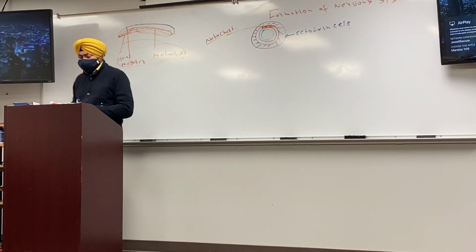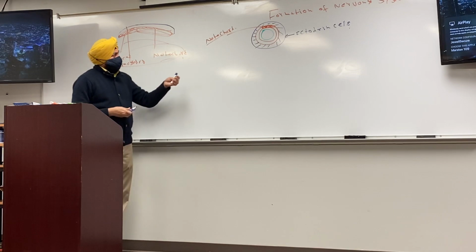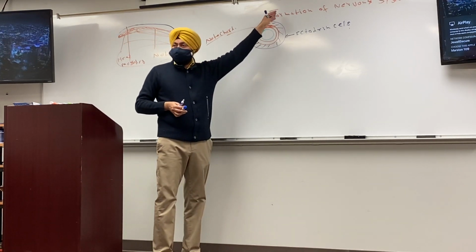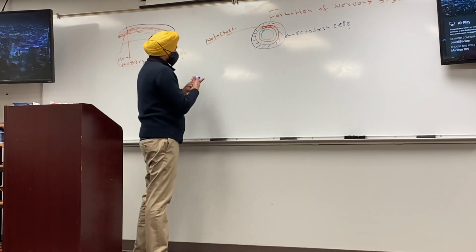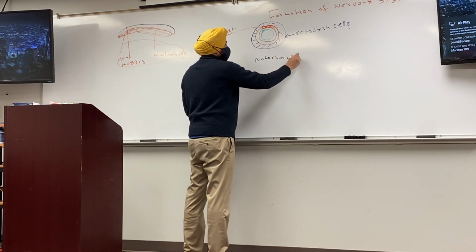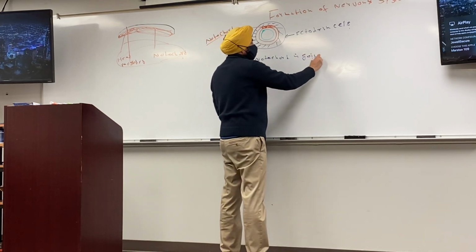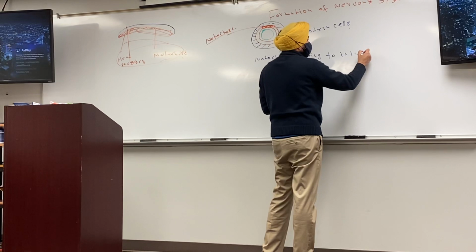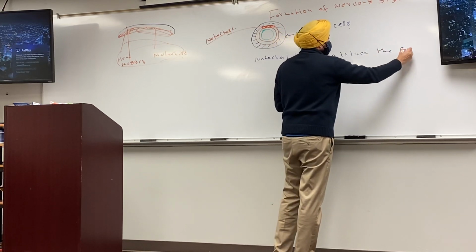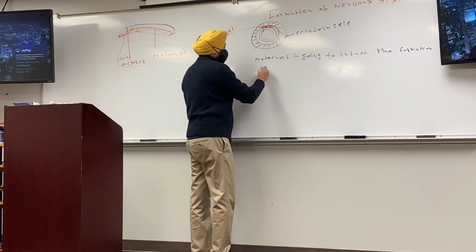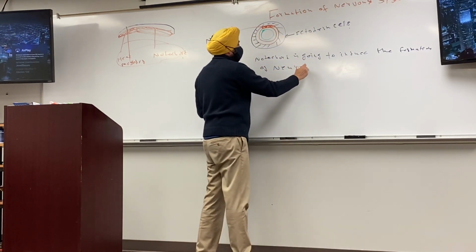So what is going to happen, this notochord, I'm just writing here notochord, right? So this notochord, what it is going to do, it is going to tell this ectoderm cell which are above this. So notochord is going to induce the formation of neural plate.